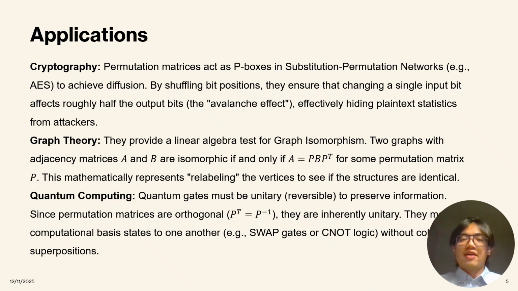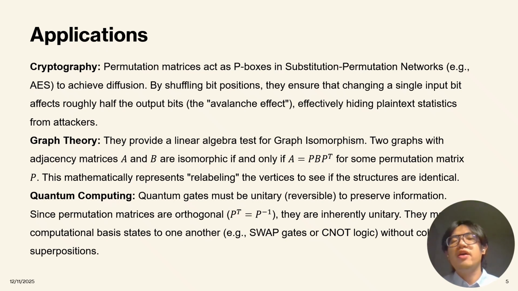These matrices have significant real-world applications. In cryptography, they act as P-boxes in diffusion layers. They mix bytes to create an avalanche effect, hiding patterns from attackers. In graph theory, they are used to check for graph isomorphism.